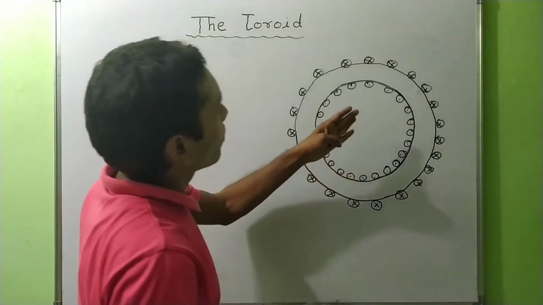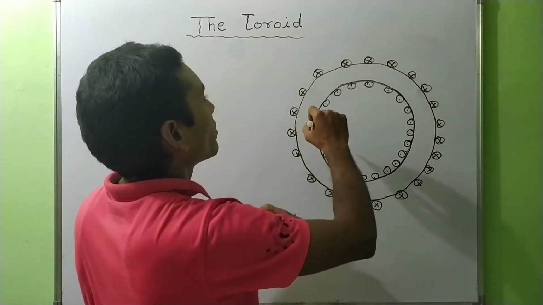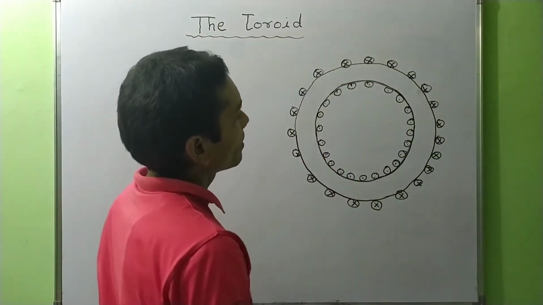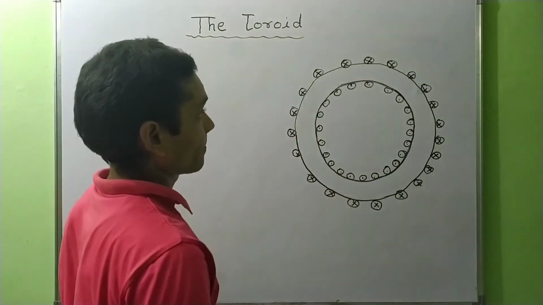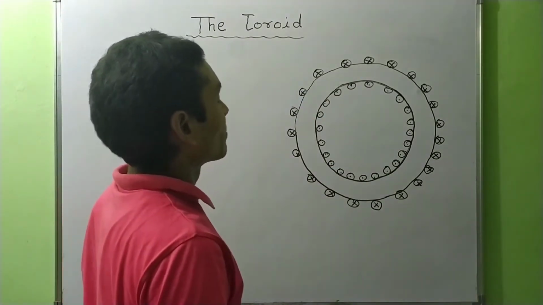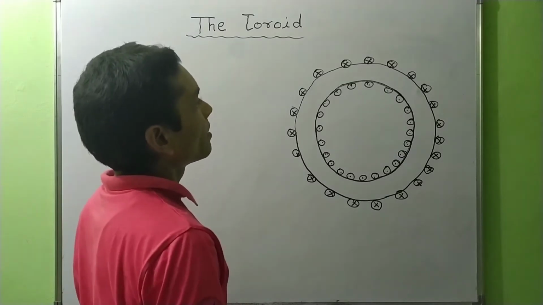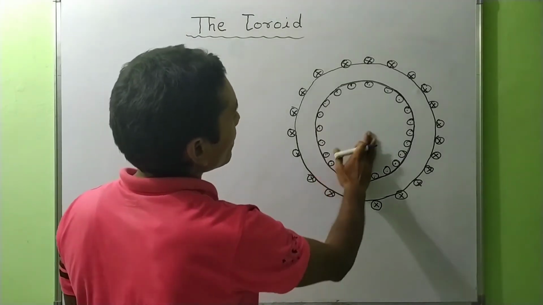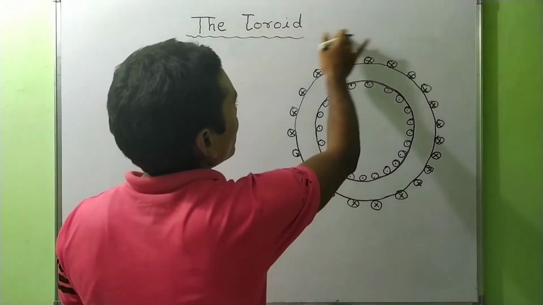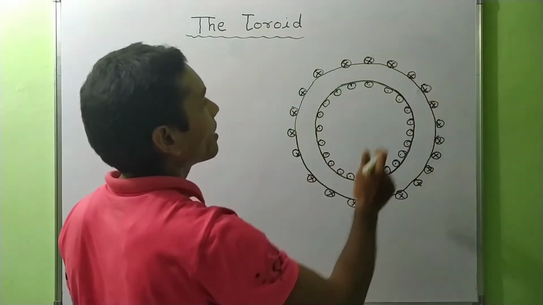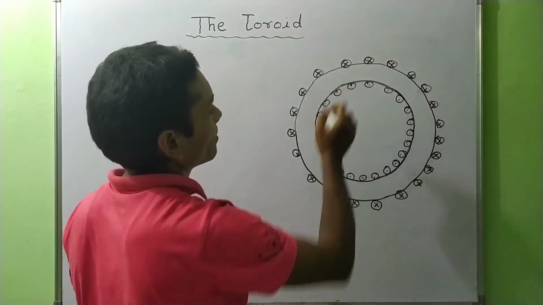Because current is flowing through these circular wires wound over the toroid, magnetic field will be produced around these wires. So we have to find the magnetic field in the interior space of the toroid, the exterior space of the toroid, and inside the toroid.